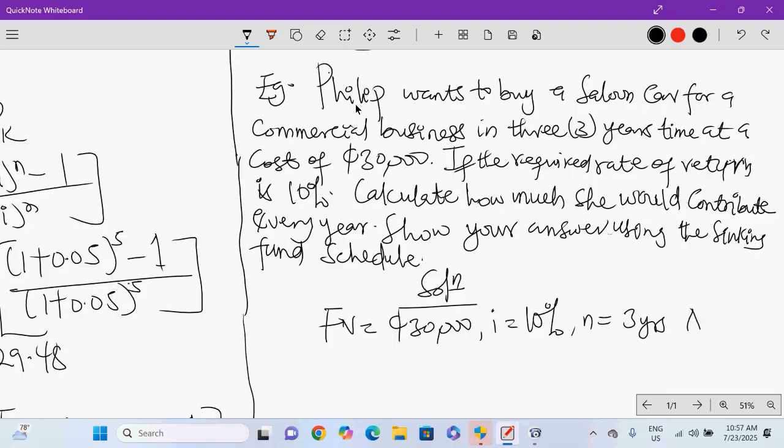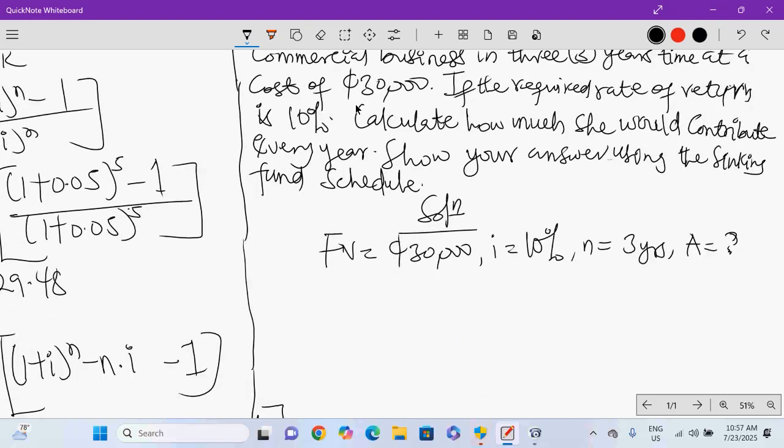Yeah, 3 years. What then is the equal payment? We don't know the equal payment. Since we don't know the equal payment, we are going to find the equal payment. We know the future value formula to be A over I, and it's at the end, so (1 plus I)^n minus 1.